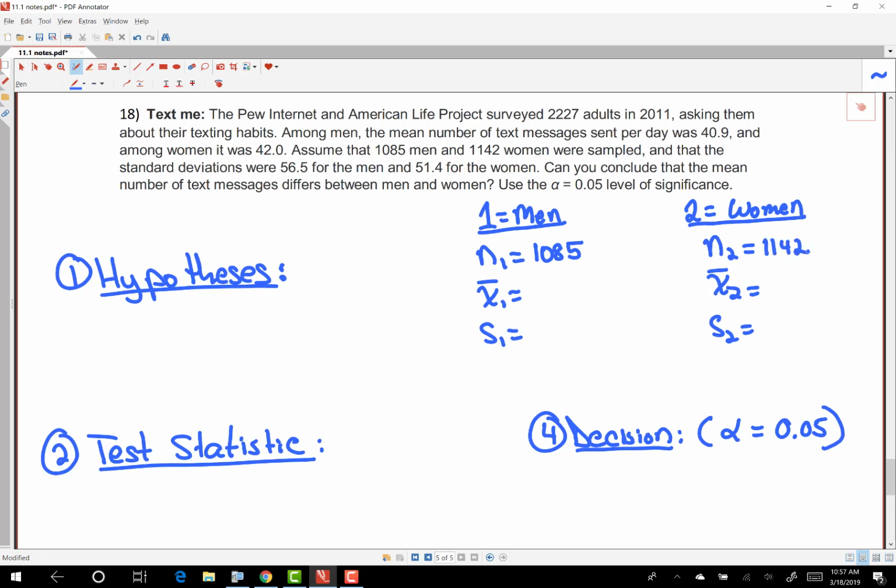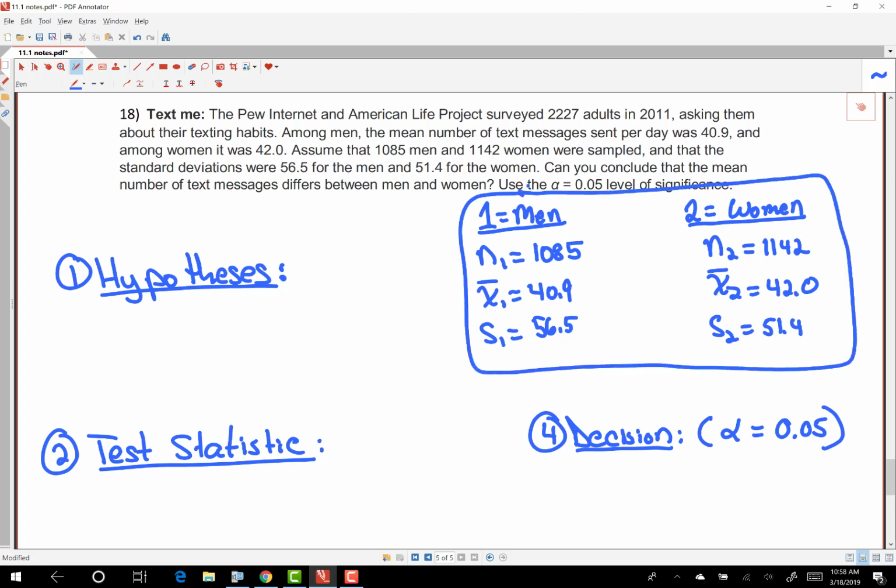Among the men, the mean was 40.9 with a standard deviation of, do they tell us that? It's 41. Okay. All the standard deviations were 56.5 for the men and 51.4 for the women, and the women sent 42.0 text messages. So this right here is the information we need for the calculator.